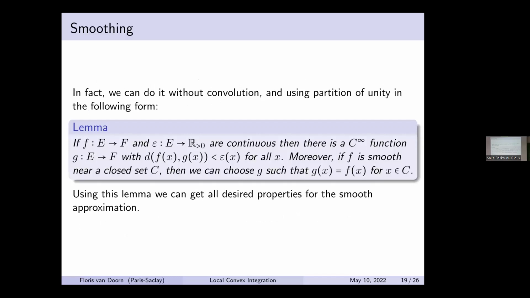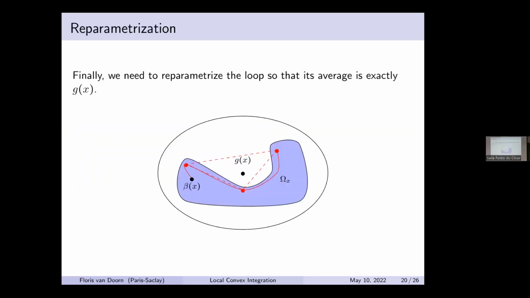Okay, so that gives us a smooth solution, but now we also need to reparameterize so that the average is exactly G. I won't give this argument in detail, but the idea is as follows.